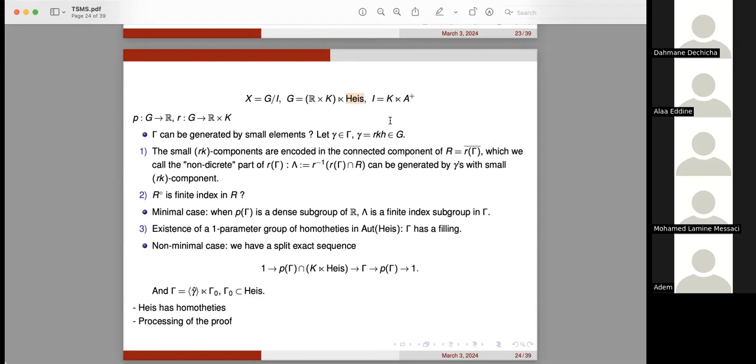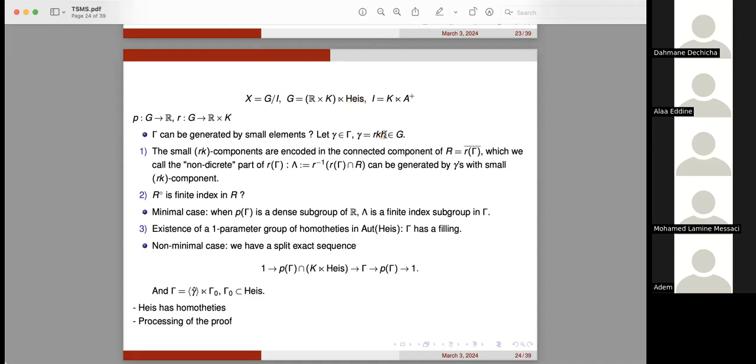Like we have on Rn, we have homothéties. On the Heisenberg group, we also have a one-parameter group of homothéties. Homothéties transform big elements to small elements. So I will define an isomorphism of this group, applying a suitable homothéty of Heis in order to transform the big H elements into small ones.